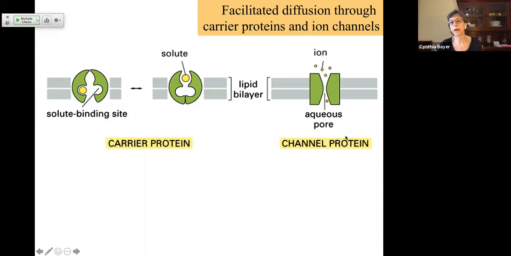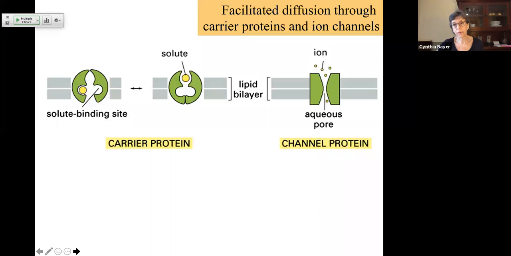So it's creating a hydrophilic pathway within the hydrophobic lipid bilayer that allows ions to move down their concentration gradient. So both of these types of transport proteins facilitate diffusion of a solute, right? Down its concentration gradient. Doesn't matter if it's going inside to outside or outside to inside, it's going down its concentration gradient.